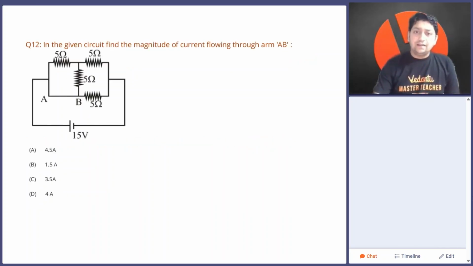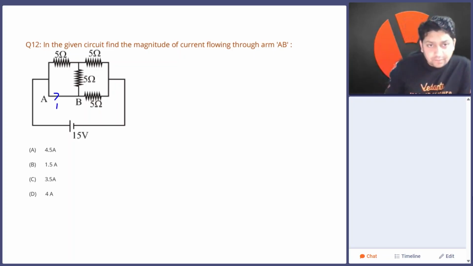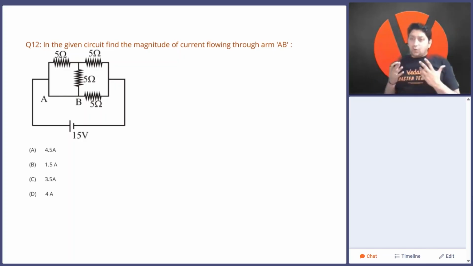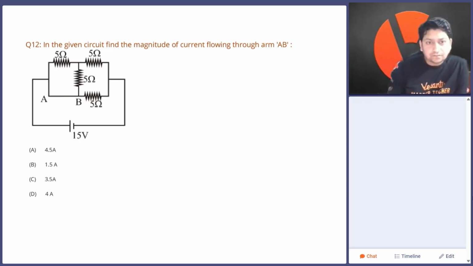In the given circuit, find the magnitude of current flowing through arm A, B. Okay, how much current will be flowing through this arm? First of all, we need to find out how much the total current will be flowing through the circuit. I can just recreate this circuit.